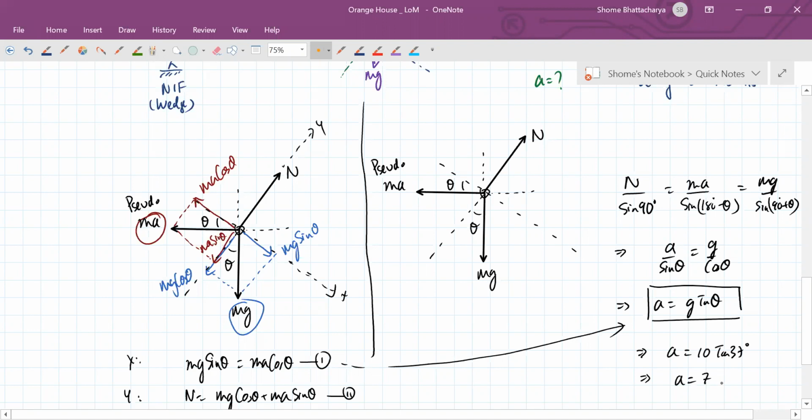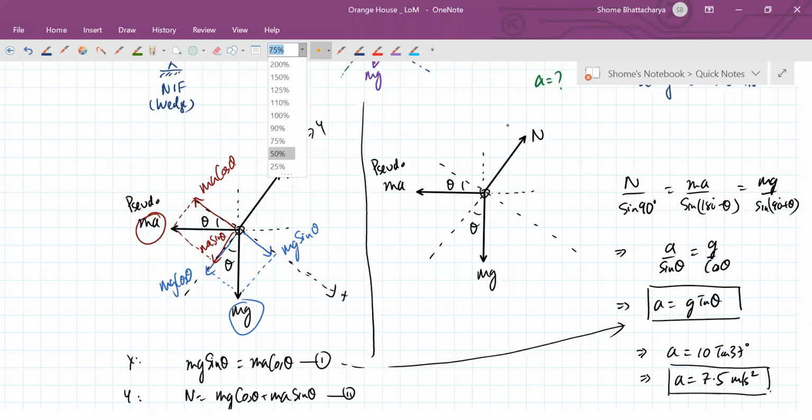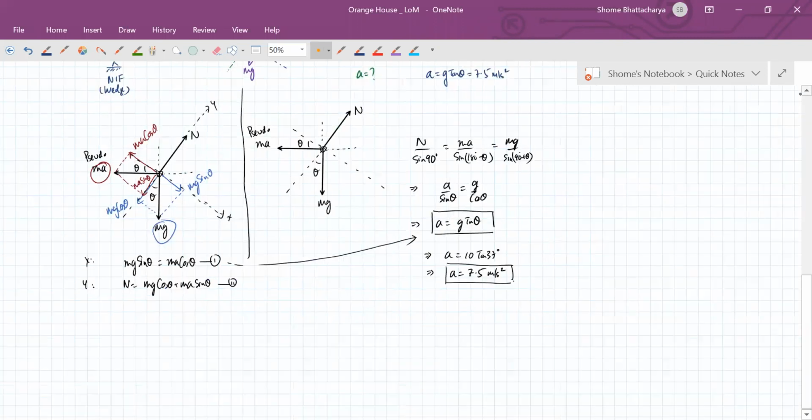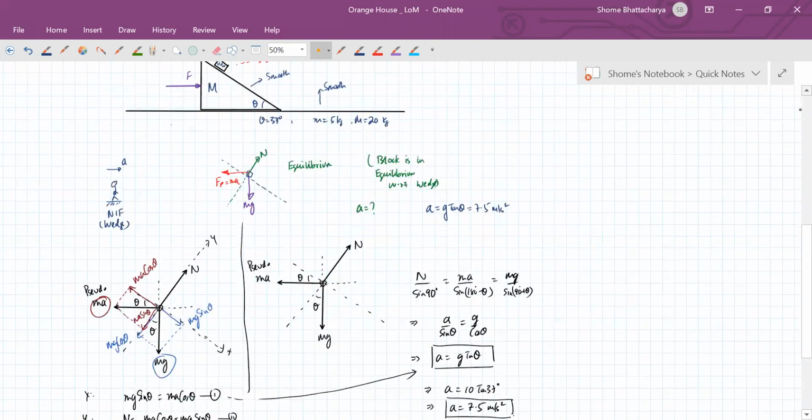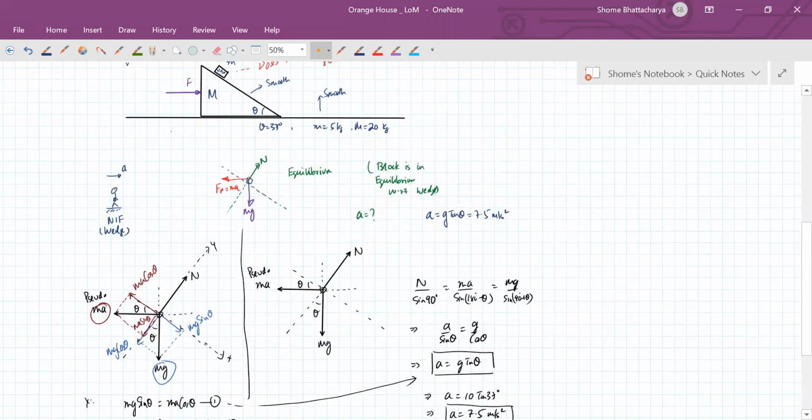So this will become 7.5 meters per second square. So hope you have all understood this part. Whether you go with the resolution or by Lami's theorem method, it's one and the same thing. Equally easy both the methods are. So this gives you the first part.